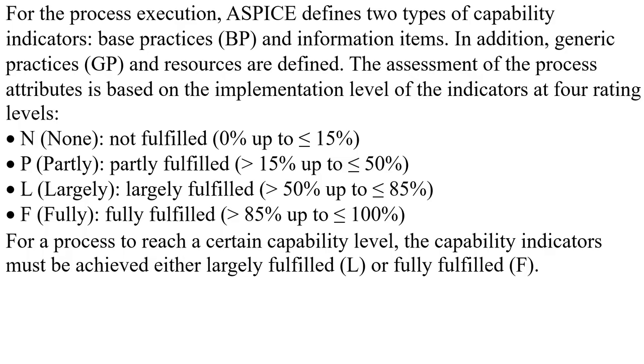The assessment of the process attributes is based on the implementation level of the indicators, as for rating levels: not fulfilled, partly fulfilled, largely fulfilled, fully fulfilled. For a process to reach a certain capability level, the capability indicators must be achieved either largely fulfilled or fully fulfilled.